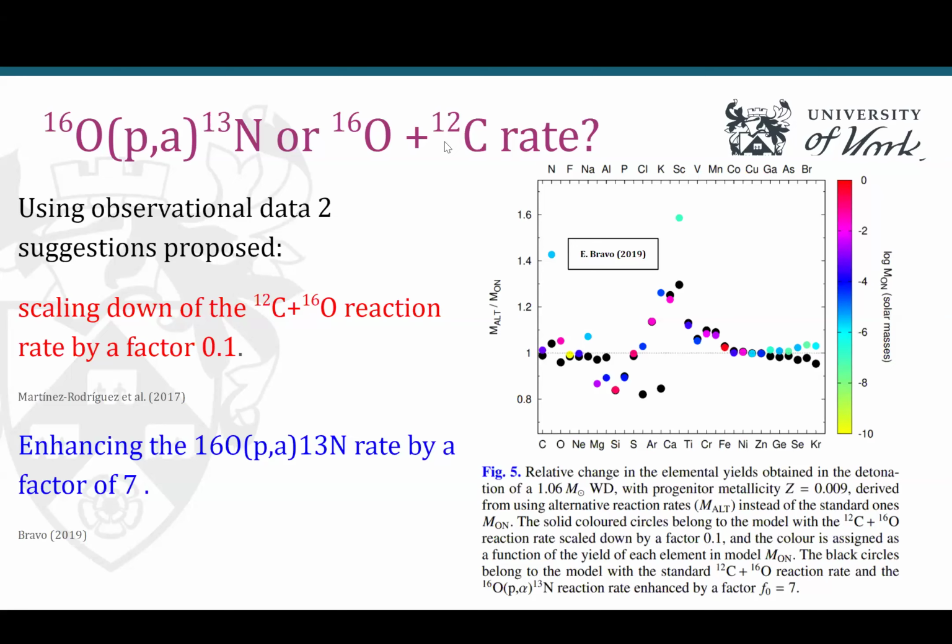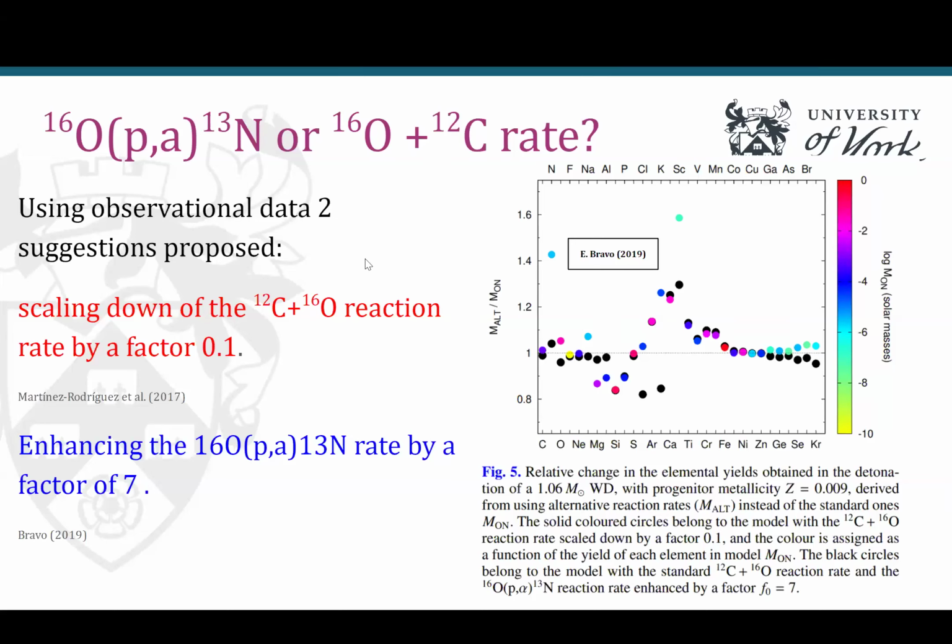And to fix this issue, there were two studies that used the observational data to constrain the rates and make the observational data more in agreement with the model's calculations.